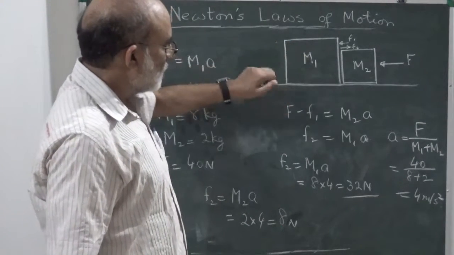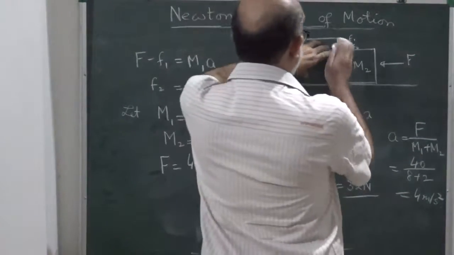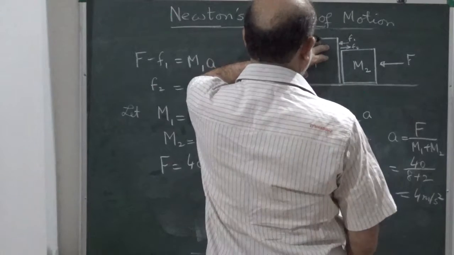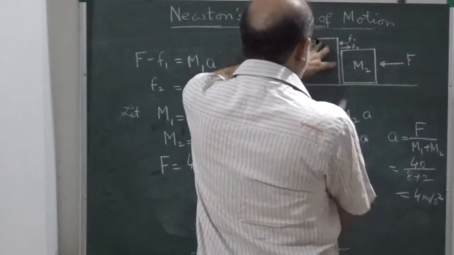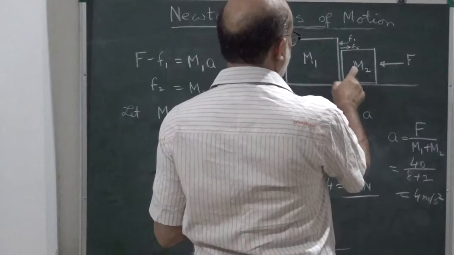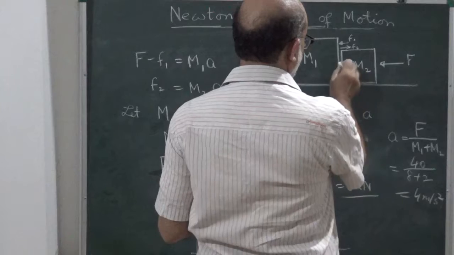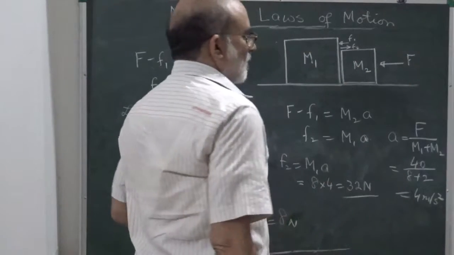Out of 40 Newton, 32 Newton is kept here, and the remaining 8 Newton is supplied to M2 to accelerate.